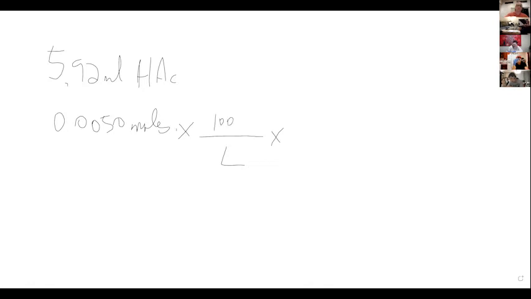So that's 1,000 mL over 1 liter, times one over 5.92 mL. So my mL are gone, and I'm left with moles divided by liters, which is the units I want.